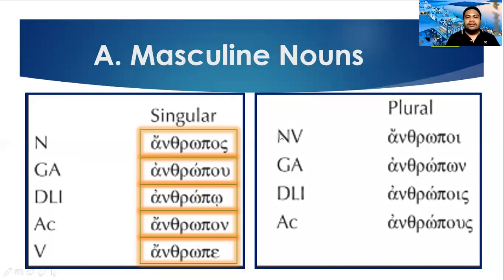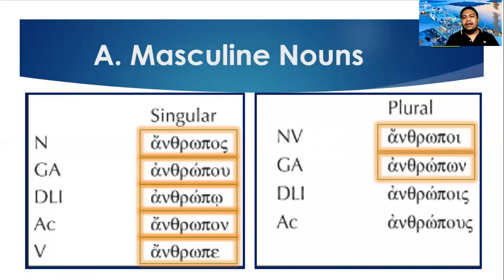So for the plural, the NV, nominative and vocative, is anthropoi. The GA, genitive and ablative, anthropon. The LI, dative, locative, and instrumental, anthropois. And of course, the accusative, anthropous.